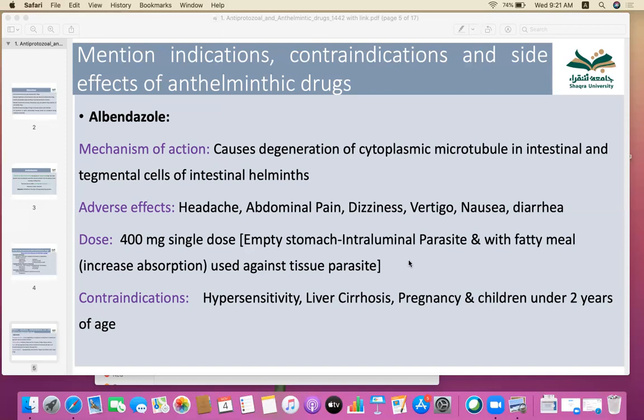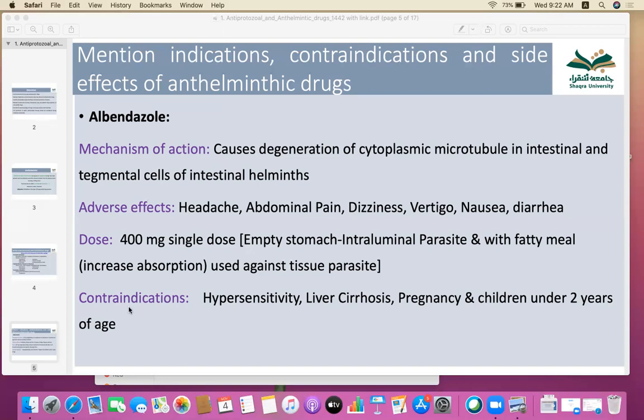If the drug is absorbed more in the tissue, it also kills the parasites which are in the tissue. So, 400 milligram single dose.